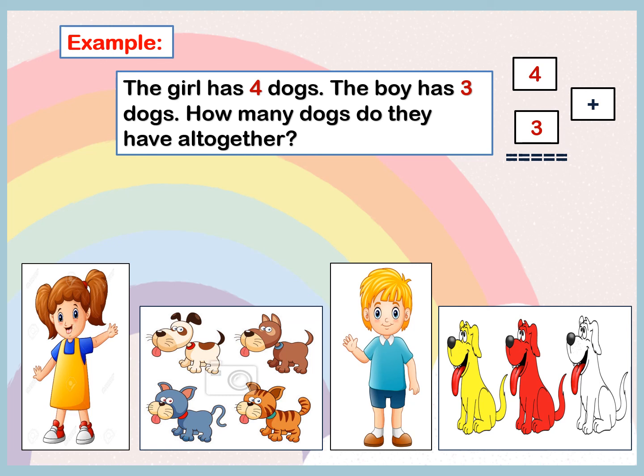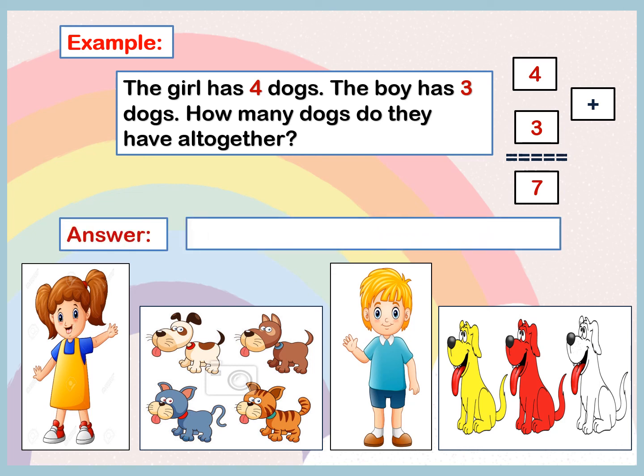4 and 3. Let's count. 1, 2, 3, 4, 5, 6, 7. What's the answer? Right, 7 dogs. How can we make a sentence here?